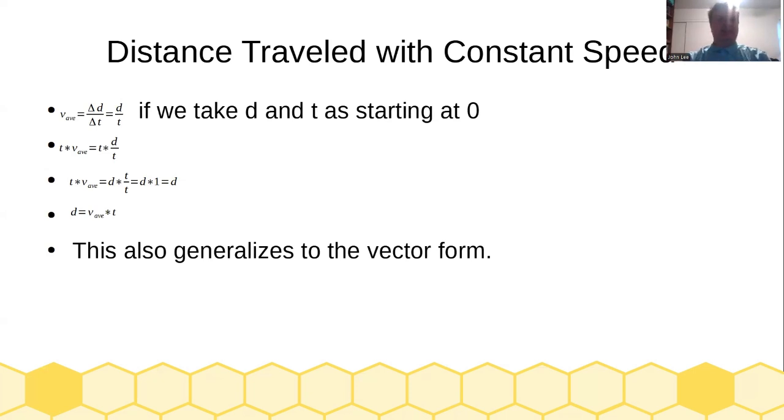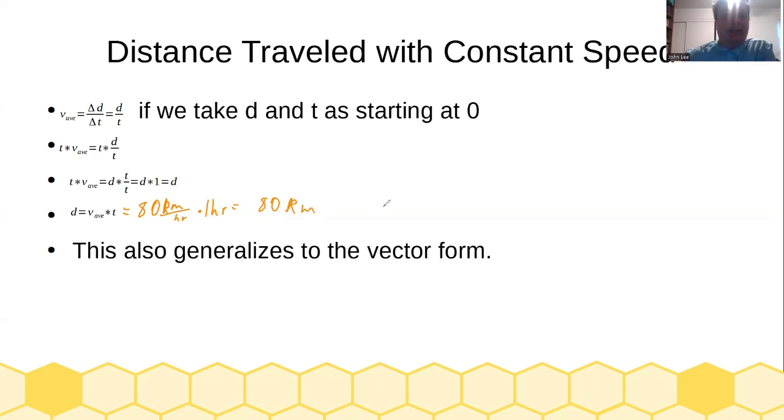So what is the distance that you travel with a constant speed? If v average equals d over t, then doing some algebra, multiplying by t on both sides will give us d equals v average times t, which makes sense because if you're traveling at 80 kilometers per hour for 1 hour, then you are going to be traveling 80 kilometers per hour times 1 hour equals 80 kilometers.